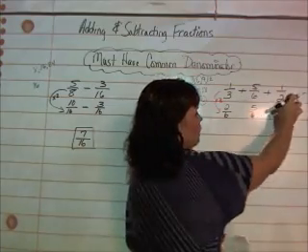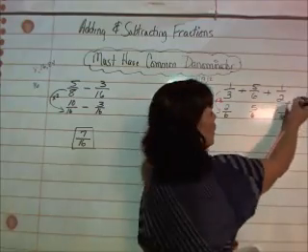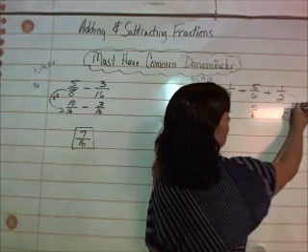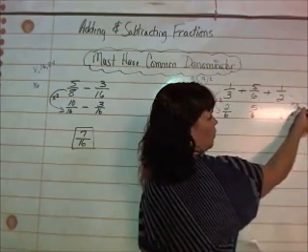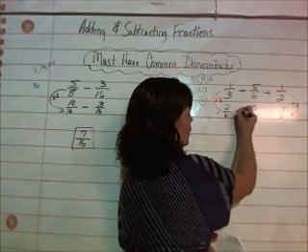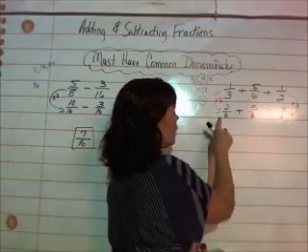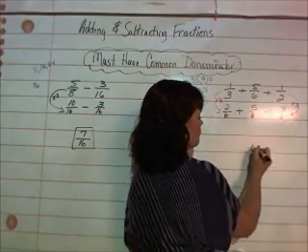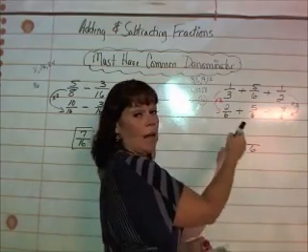Okay, what about over here? 2 times what gave me 6? Well, 3. So 1 times 3 is 3. And then I'm going to bring down my adding sign. Now, is my denominator the same for all of them now? Yes.